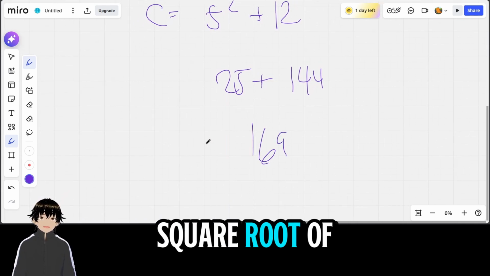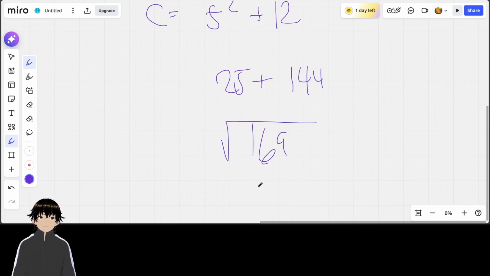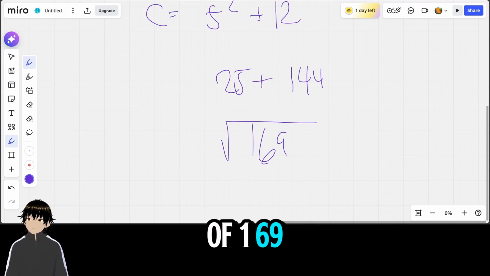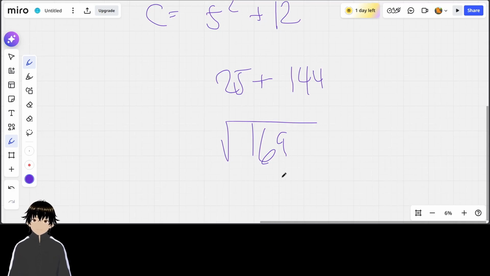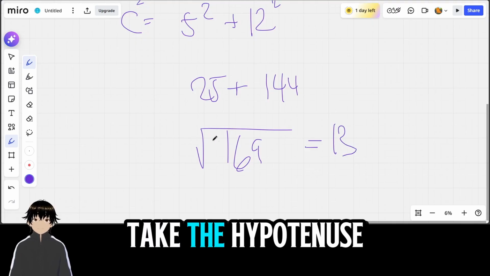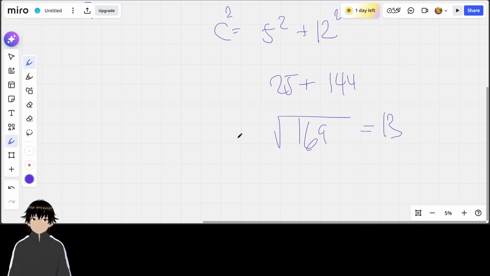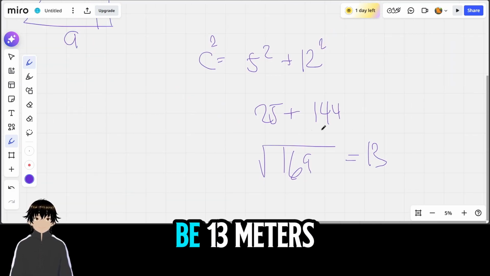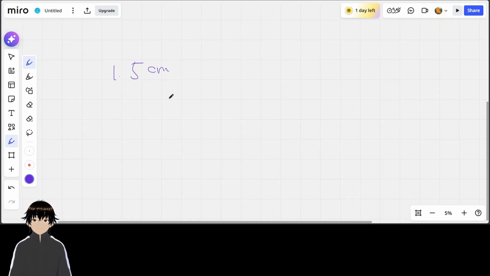And what's going to be the square root of 169? The square root of 169 is 13. And that means the hypotenuse will be 13. So our answer is going to be 13 meters.